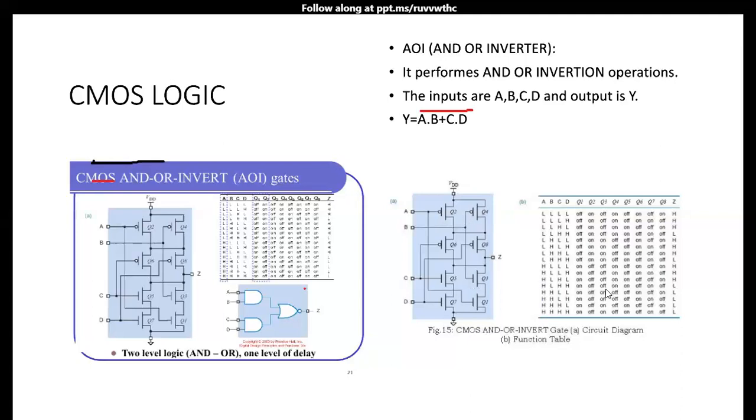For C low, Q6 on and Q5 off. For D input high, Q8 off and Q7 on. By using this connection, the output will be high. Like this, we can explain how the circuit responds to any of the inputs. The same thing we can mention in the truth table, and see how the output will be.